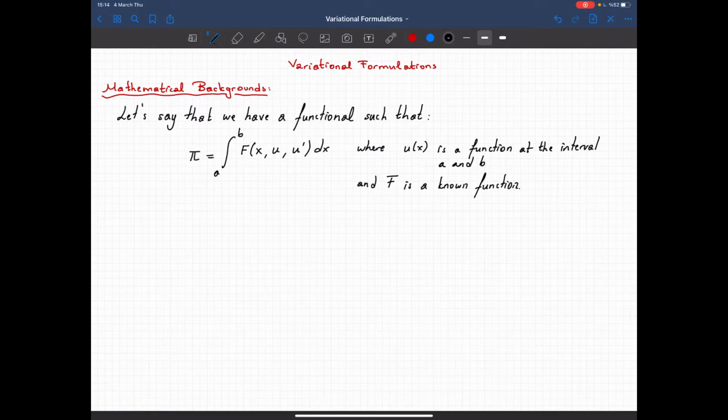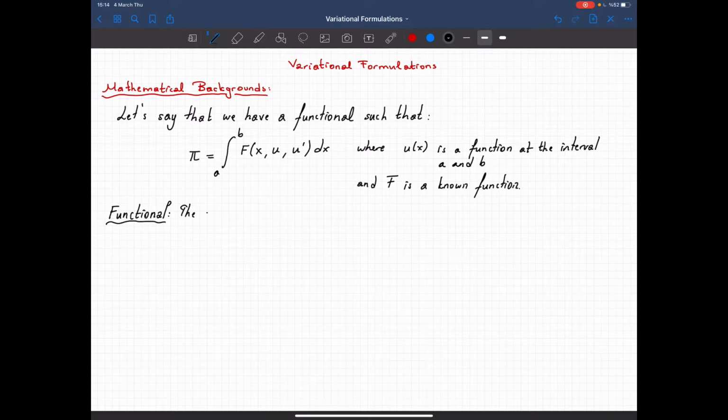Before going further, let's write the definition of what a functional is. Let me write the definition and then we will discuss.